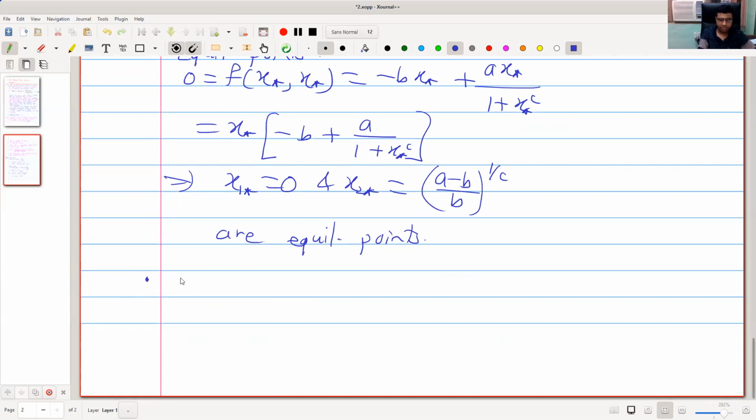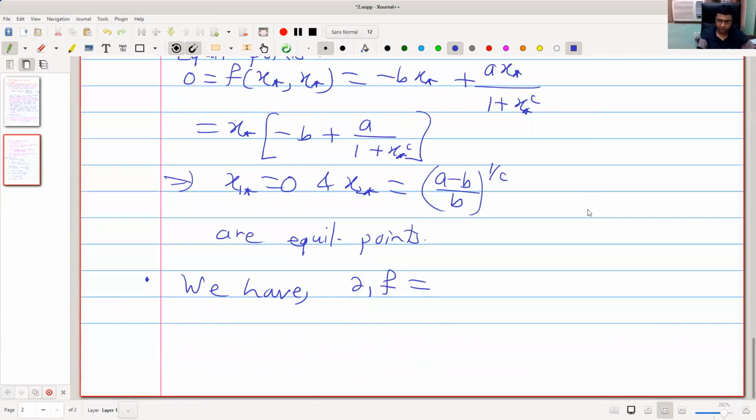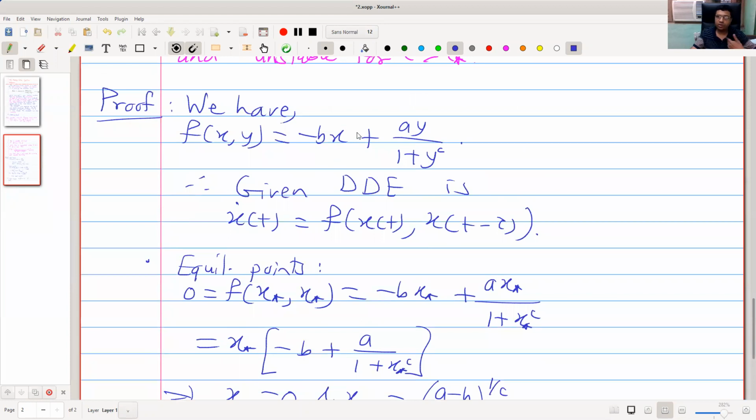We have del 1 f, that means the partial derivative with respect to x, is clearly minus b, a constant. And del 2 f means the partial derivative of f with respect to y.